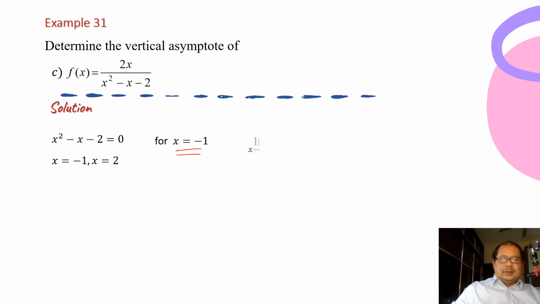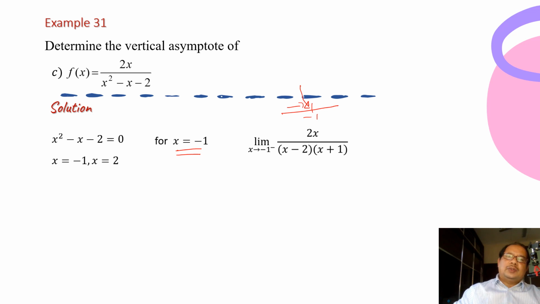For x equal to -1, you come from the left. Let's test with a value close to -1 from the left, -1.1. -1.1 times 2, you get negative. -1.1 minus 2, you get negative also.